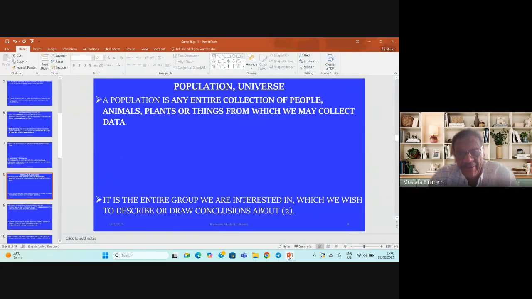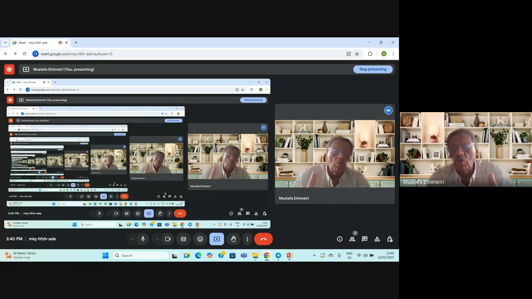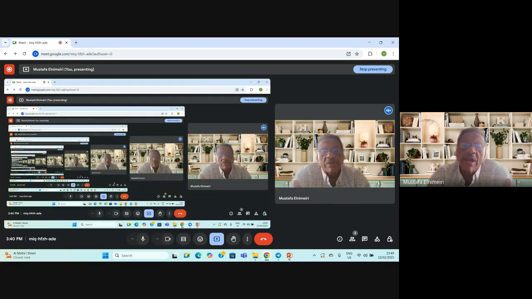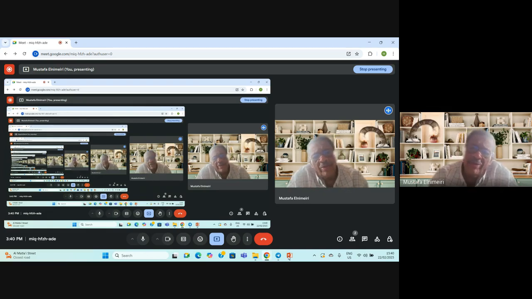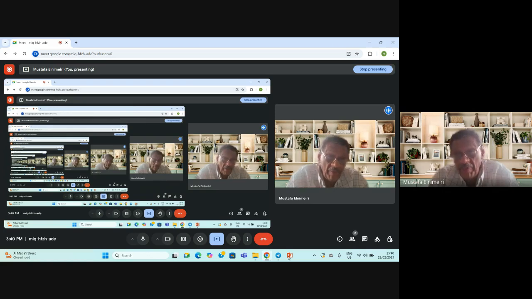We are interested, which we wish to describe and to draw conclusions, to conduct the research about them. For example, if we have a population that is composed of medical doctors in Khartoum Teaching Hospital, I'm interested to conduct a study about how they perceive and how they practice informed consent.